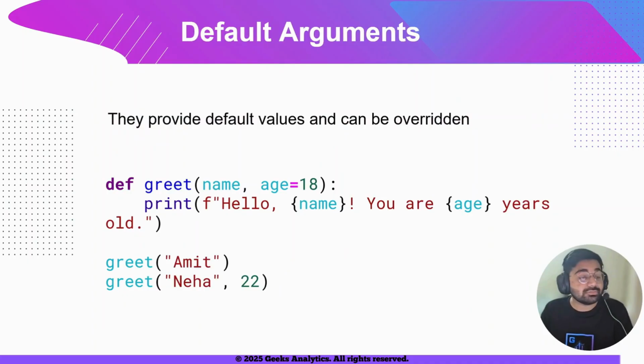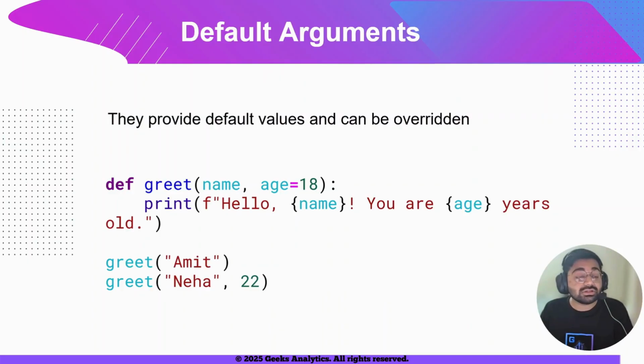Then the default arguments. As we discussed, default arguments work as a kind of fallback value: whenever the user doesn't pass any values, some default values already exist, and those values will be directly used in our function.